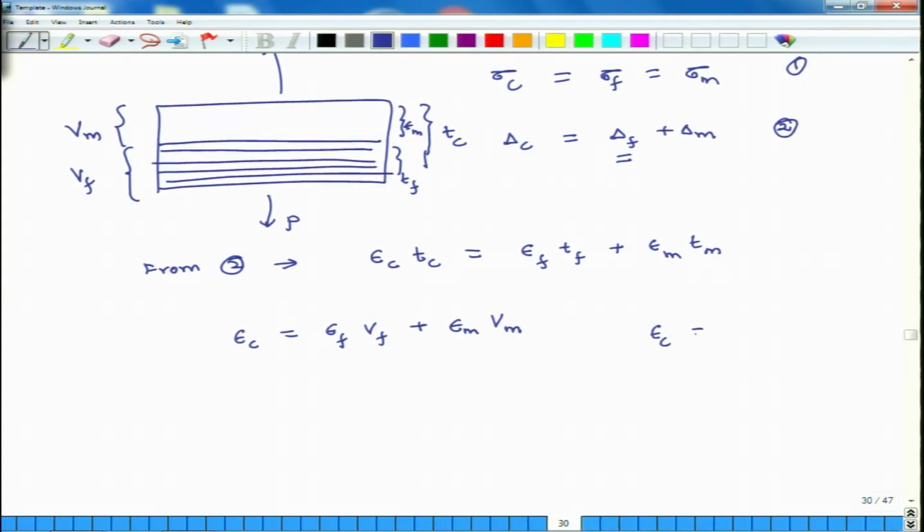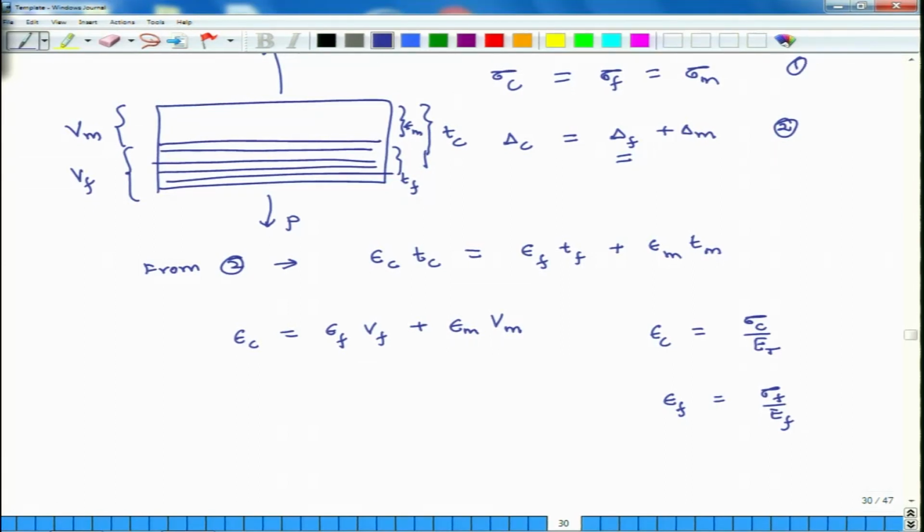Epsilon C is sigma C divided by Et, right. It is the stress in composite sigma C divided by the transverse modulus of the composite. Epsilon F is sigma F divided by Ef, and so on and so forth.